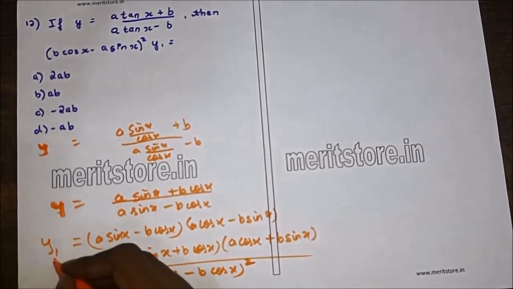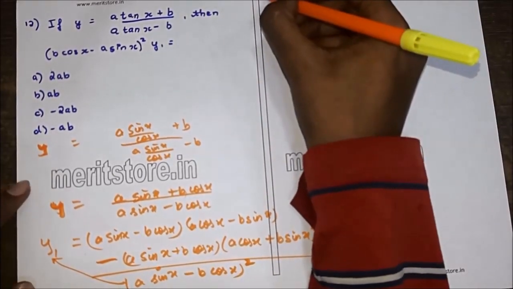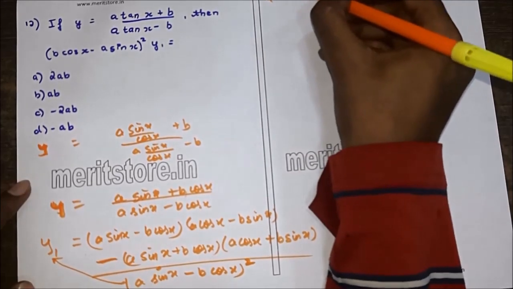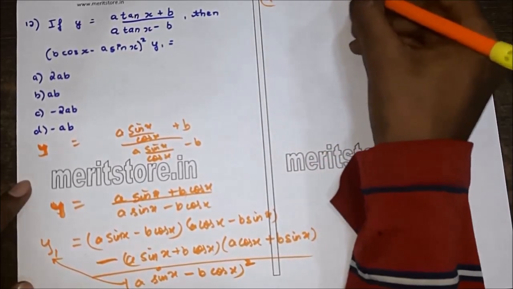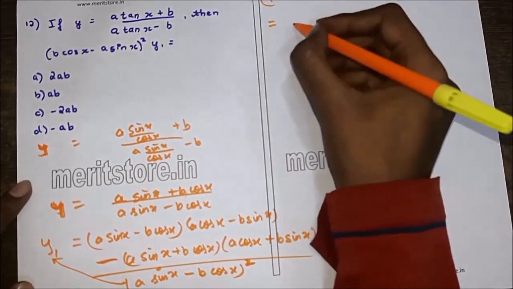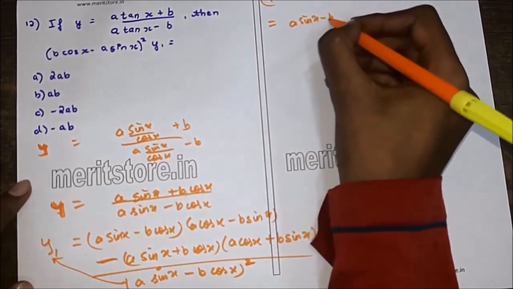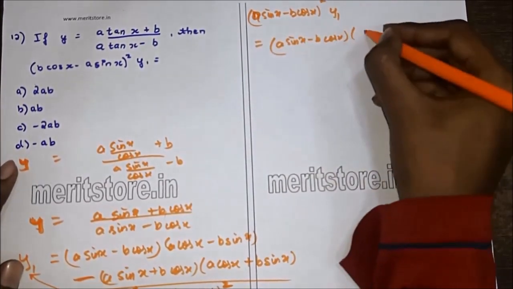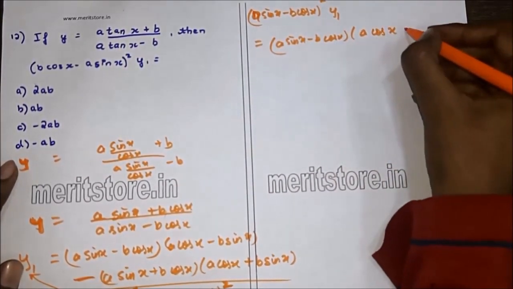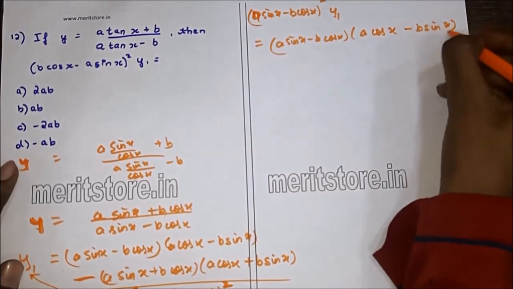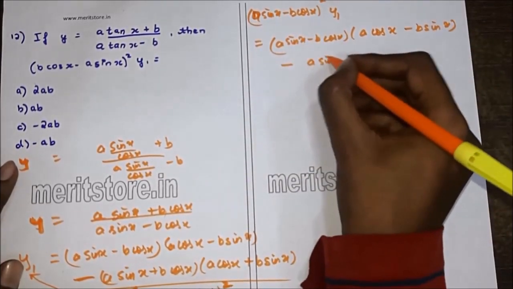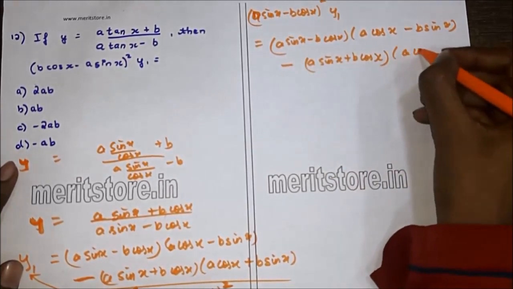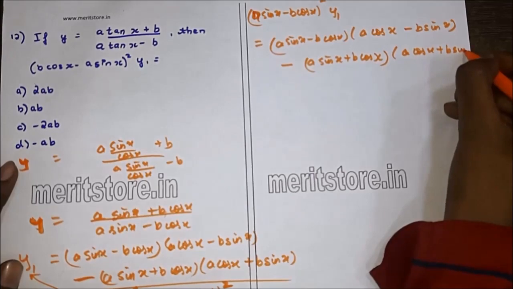Shifting this term to LHS, we get (a sin x minus b cos x) whole square into y1 is equal to (a sin x minus b cos x) into (a cos x minus b sin x) minus (a sin x plus b cos x) into (a cos x plus b sin x).